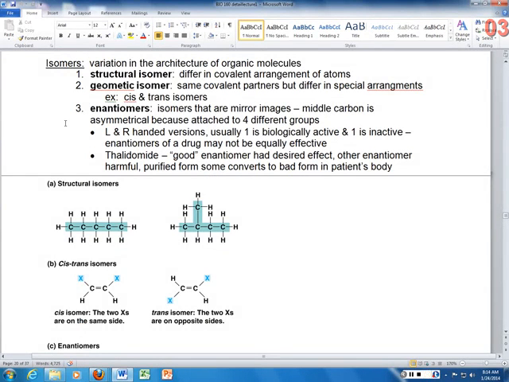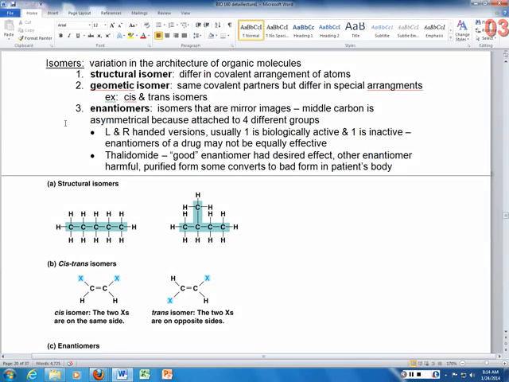And they will typically have different properties if you arrange them differently in there. A cis and trans isomer is specific when you have a double bond and you've got 2 different substances in here. So if they're next to each other, we call them cis, like sisters, is the way I remember it, next to each other. Trans, they're diagonals, like that.